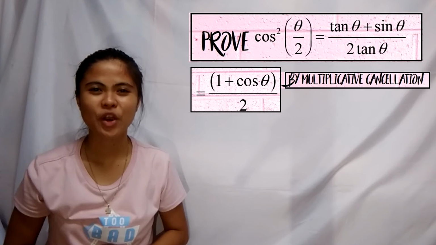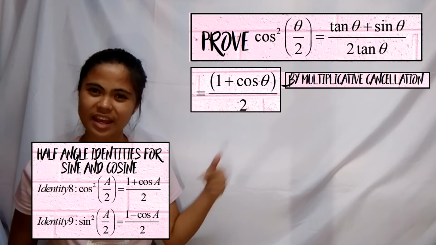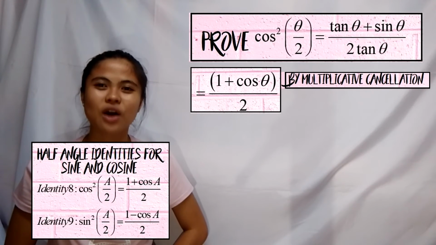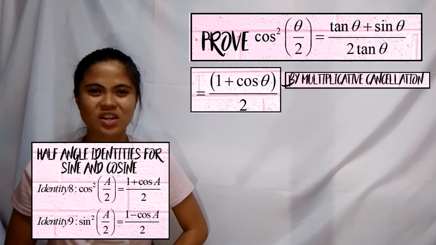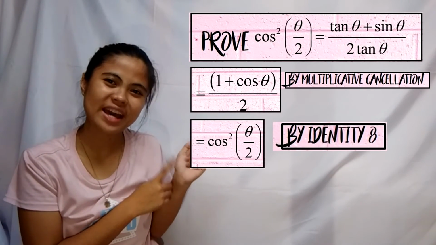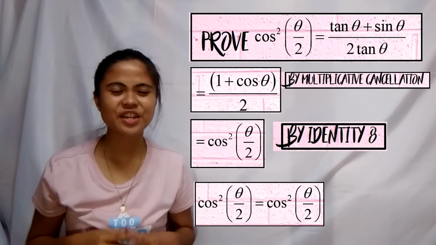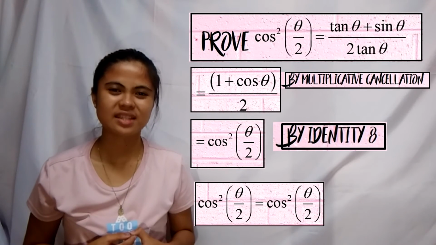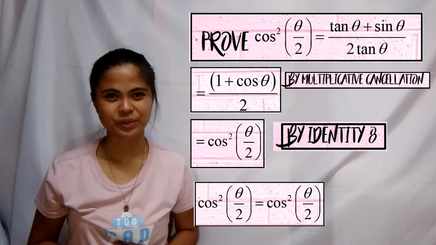If you remember, we got this equation from identity number 8, or the half angle identity for cosine, and that is cosine squared of a over 2 is equal to 1 plus cosine a over 2. Now, we arrive at this equation by identity number 8. So now, we have proven that cosine squared of theta over 2 is equal to tangent theta plus sine theta over 2 tangent theta is true.